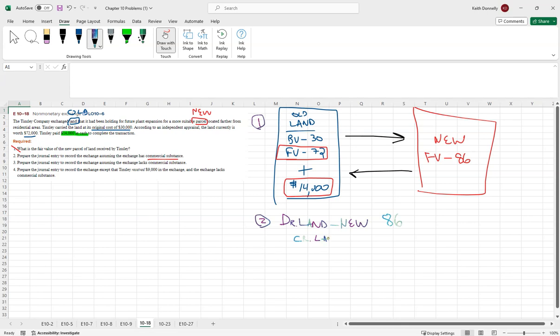So credit land old, we have to get that off the books for 30. We also gave some cash, so credit cash for 14. And then the difference here, we have to plug this. It's going to be a gain, so we're going to credit gain in this case for, you run the numbers on it, 42. Okay, that was 2.